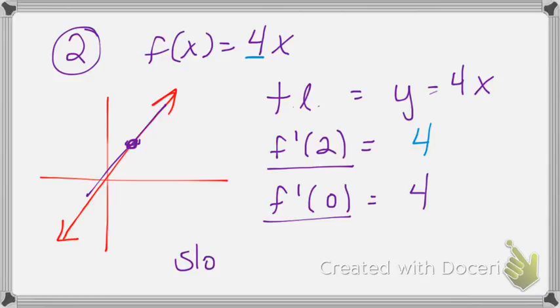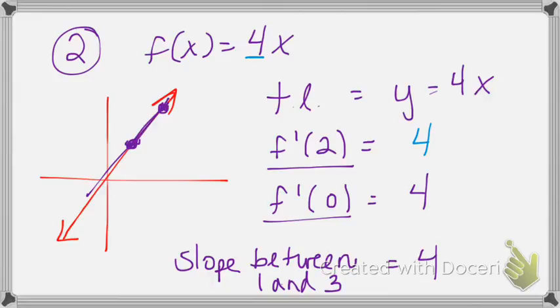If I wanted to know the slope between 1 and 3, well, maybe there's 1 and here's 3. The slope between there, still 4. If you start off with a line, you don't have to do any work. You just have to realize, oh, we're talking about a line. So the slope of the line is 4, and the tangent line is itself.